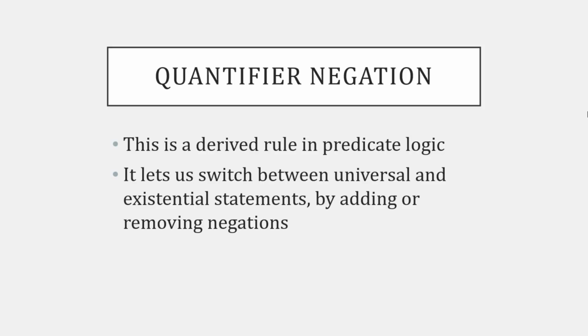But it's a derived rule because there is a theorem that you can solve in Logic 2010 where you get the result of quantifier negation without using it, which makes it a derived rule. Okay. But basically, it works as follows. It lets us switch between universals and existentials.